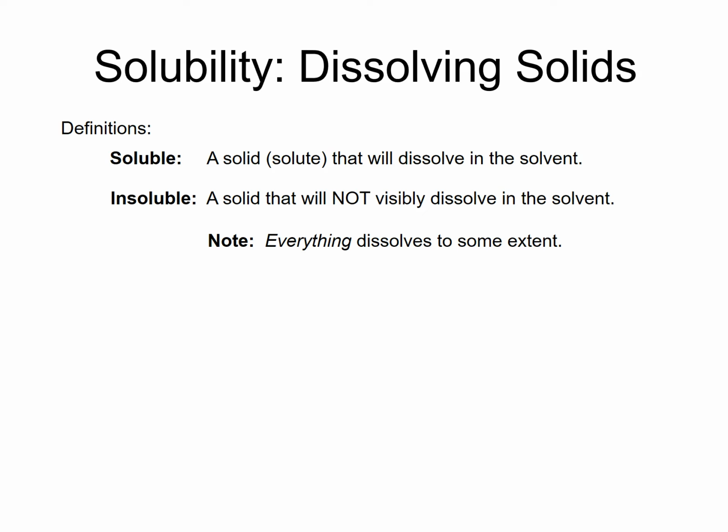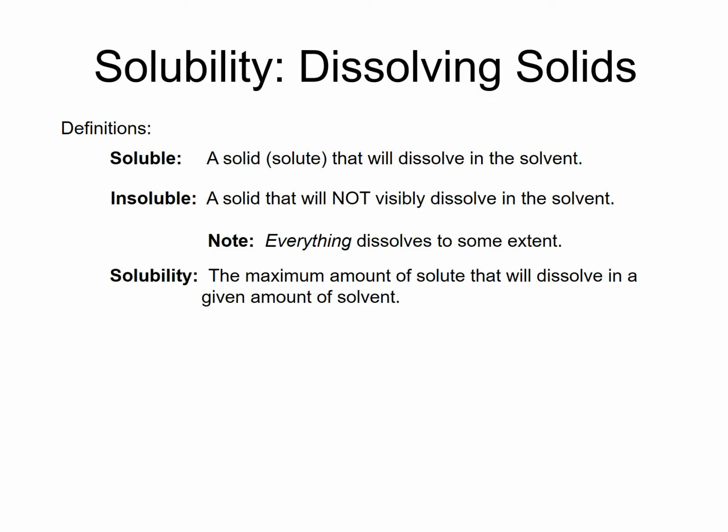But even something that's considered to be insoluble, even something that's considered not to dissolve at all, really does dissolve in water or in a solvent to some extent. Let's look at some examples of this, but first, one last definition. Solubility is really what gives us a measure of how much solute will dissolve. Solubility is the maximum amount of solute that will dissolve in a given amount of solvent.